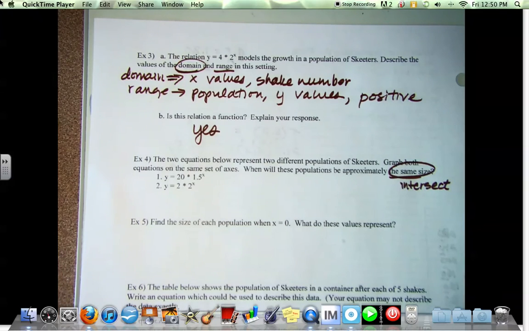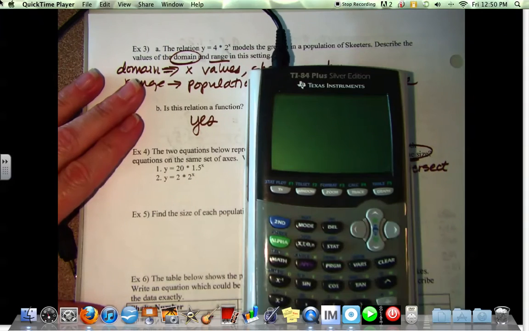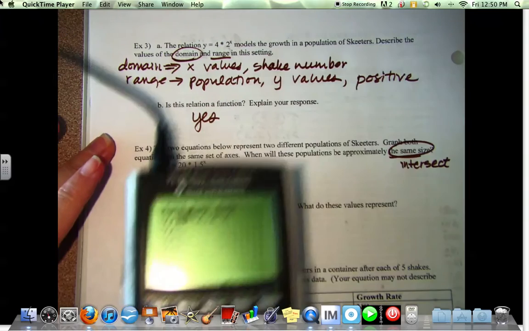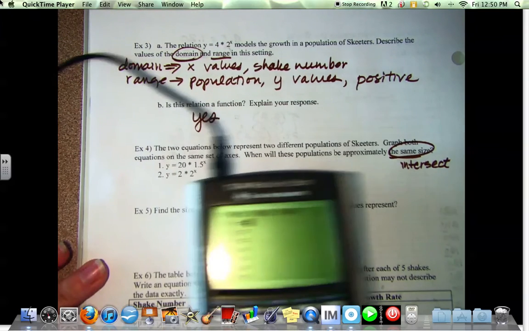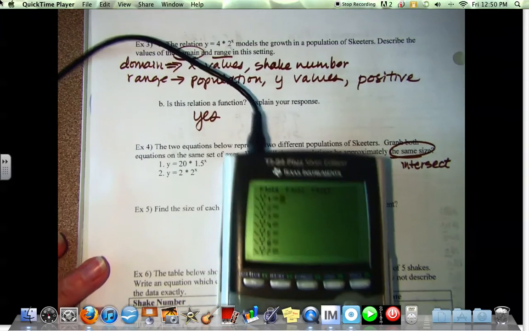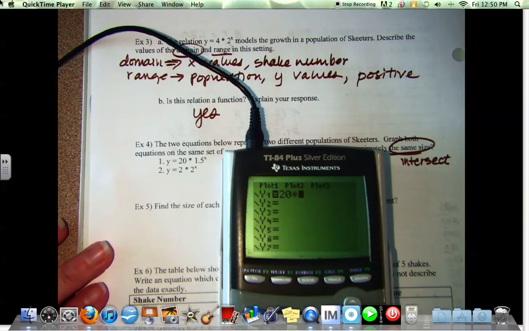So on your calculators, y equals, clear out the previous one, type in 20 times 1.5 caret x. Okay. Arrow down.